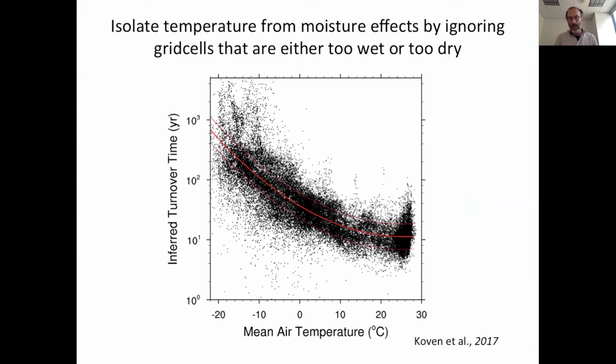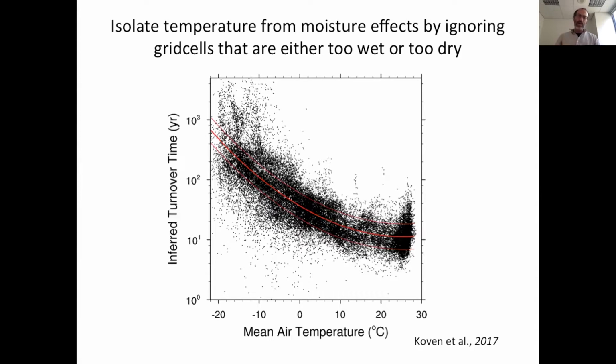One thing we need to do is recognize that it's not just soil temperature that controls turnover. Soil moisture is also very important, whether soils are too dry, as in deserts, or very wet, as in peatlands. So just to get at the pure temperature response, we first get rid of the soils that are either too wet or too dry, and just look at the residuals.